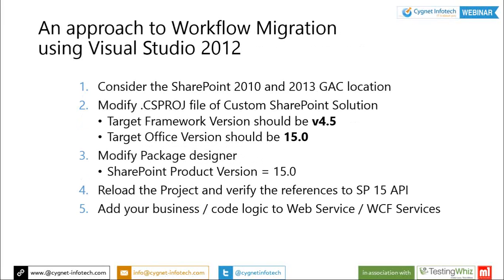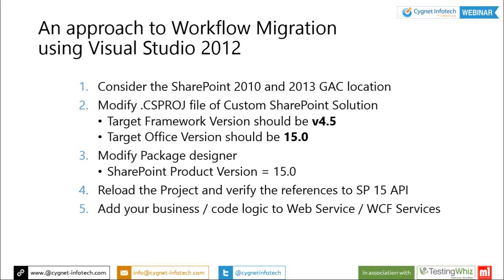Another point is if you have a code-based workflow and would like to migrate to SharePoint 2013, I would say you can refer to the first 4 points. It is going to be considered for the standard migration of any SharePoint 2010 code developed in Visual Studio 2010 and to be migrated to SharePoint 2013 with Visual Studio 2012.